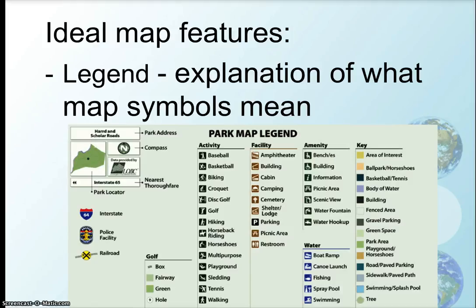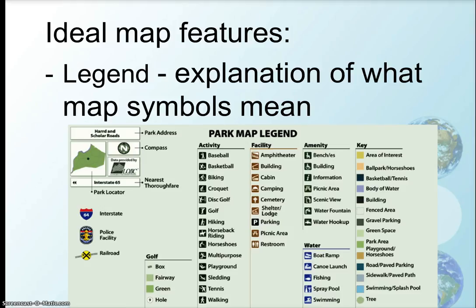The legend is the explanation of what a map's symbols mean. So there's an example below here of a legend from a park map, and we see all kinds of different information presented here and many different symbology. We have different activities, facilities that are available, amenities, different ground covers, water features, as well as roads, railroads, those sorts of things.